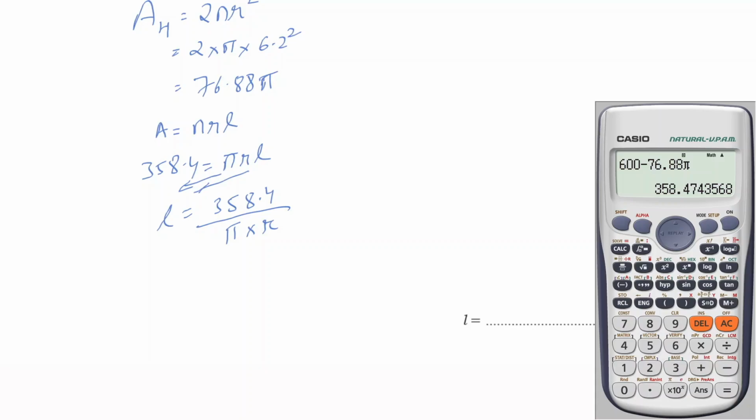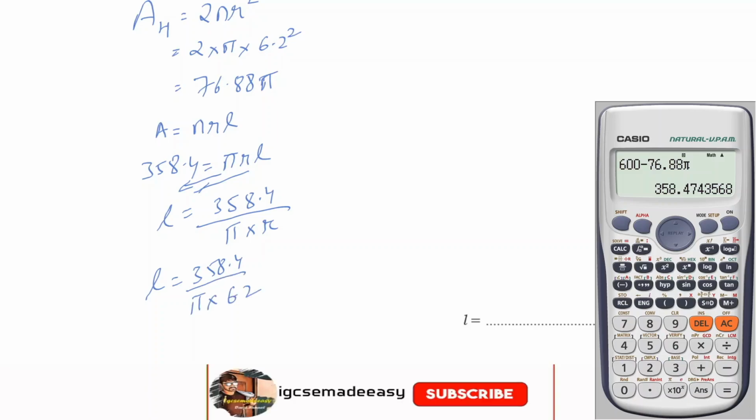So L is equal to 358.4 divided by pi into r, where r is 6.2, given in the question itself. So let's use the calculator for that.